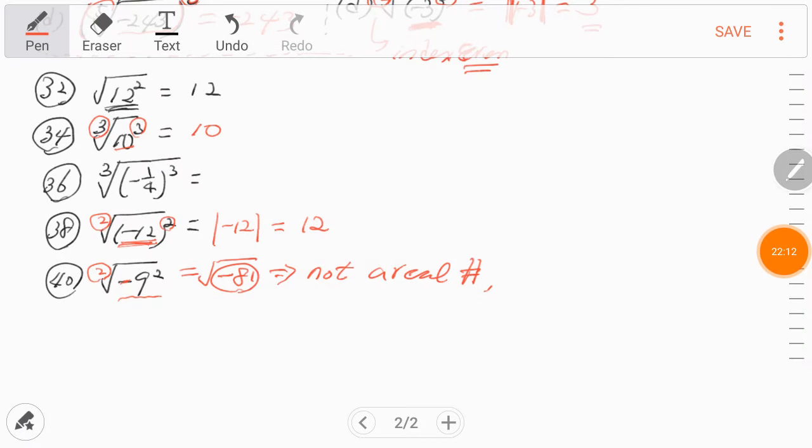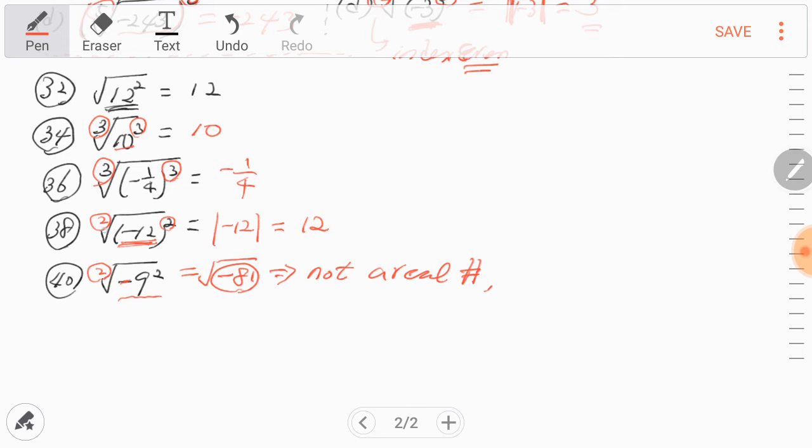Okay, 36: the index is odd and the power is the same as the index, so just take the base out. If the index is odd, it doesn't matter, just take the base out.